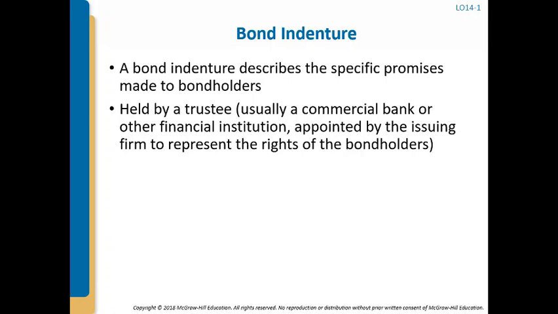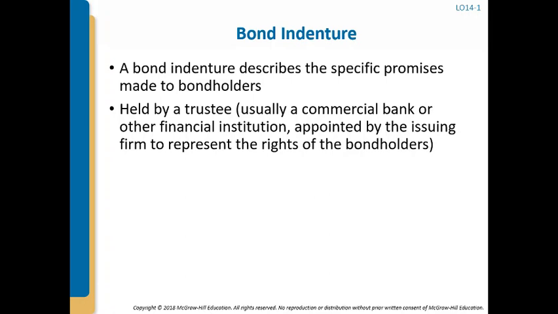And so what happens is that the issuing corporation issues to the trustee, the brokerage firm or bank, what's called the bond indenture, which is the legal document, if you will, or the legal instrument that spells out both parties', the bondholders and the bond issuers', obligations and rights.